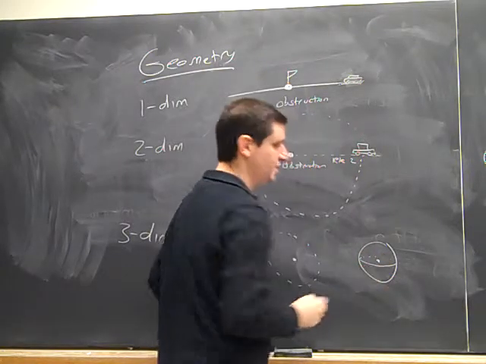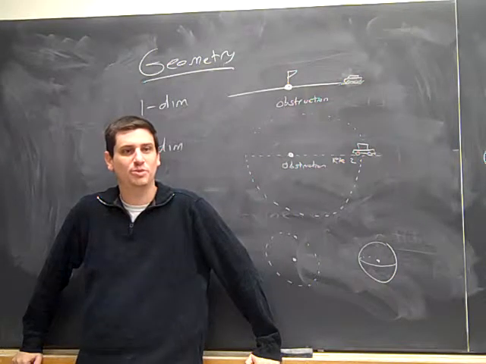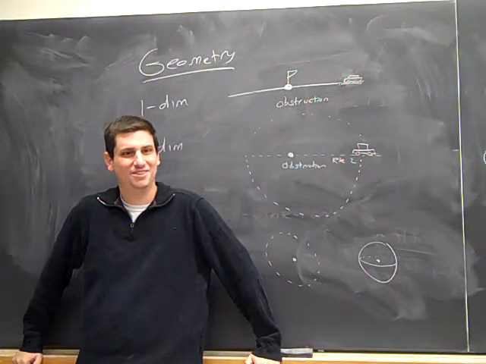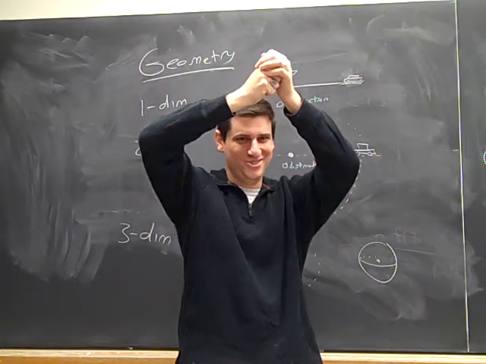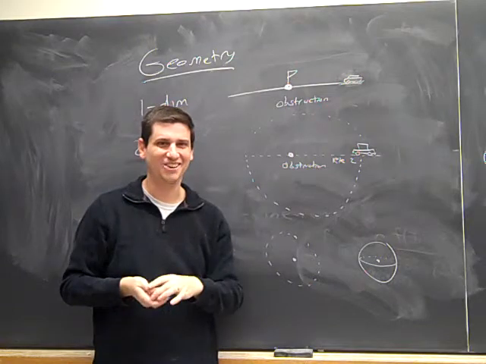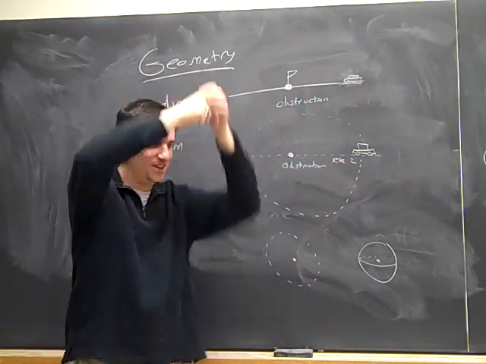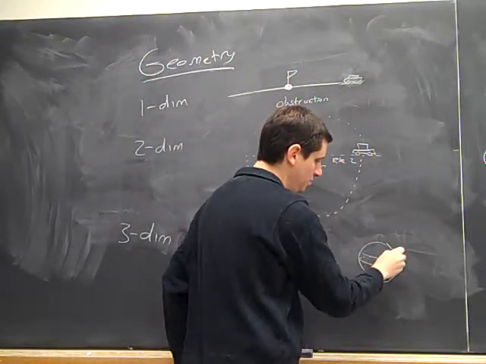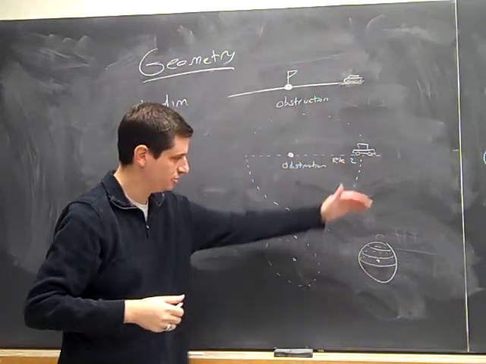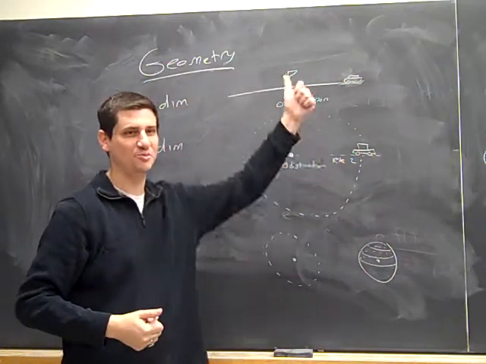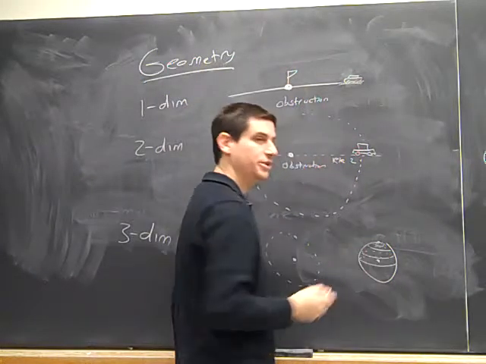So here's my obstruction at the center, and let's say I have the equator as my curve. Can I contract my equator to a point? Yes. I can contract up like this, and I can take the equator and just keep moving it. I mean, there are some people, we call them Australians, who would actually go downward, but you really want to move upward. Okay, and you can contract all the way to a point.